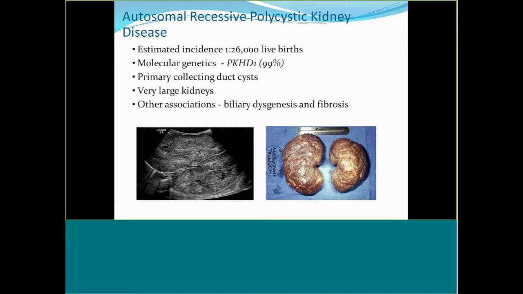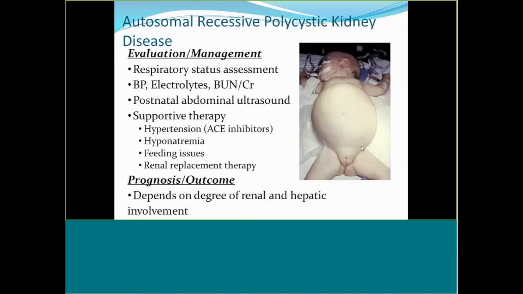There's biliary dysgenesis and fibrosis. So here you see this ultrasound image where the kidneys are literally touching each other. And here's a pathological specimen. And here's an image of a baby with autosomal recessive polycystic kidney disease.